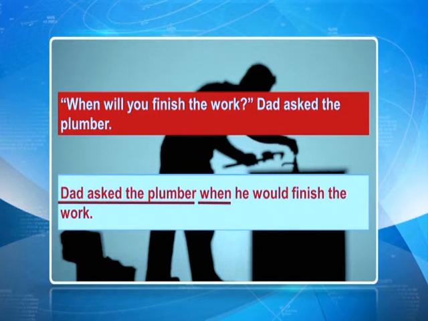So we are going to start with the subject, and here the subject he, when he, and then we change the tense. Instead of will finish, we move one step back in time, and instead of using will finish, we use would finish the work. Notice that at the end we don't finish this sentence with a question mark, but rather with a full stop, because it is an indirect question. And the whole sentence reads, Dad asked the plumber when he would finish the work.